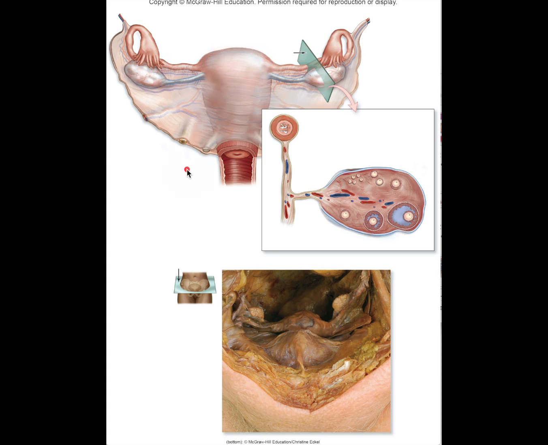And in a woman who is not pregnant, the fundus will remain tucked into the pelvic cavity. And if a woman is pregnant, depending on the size of the baby and how many she's had, the fundus will start encroaching on the abdominal cavity.